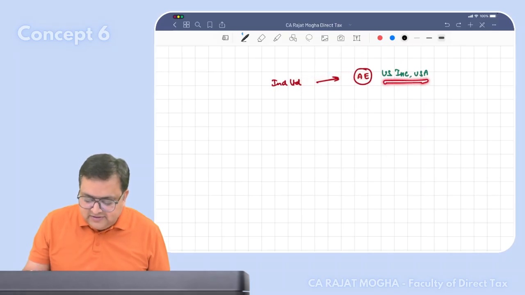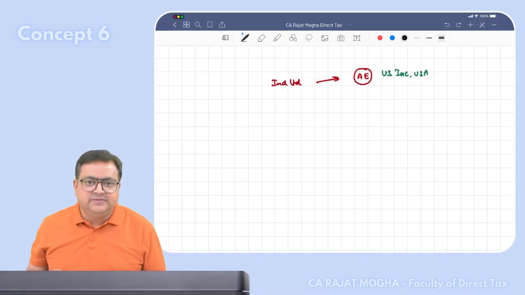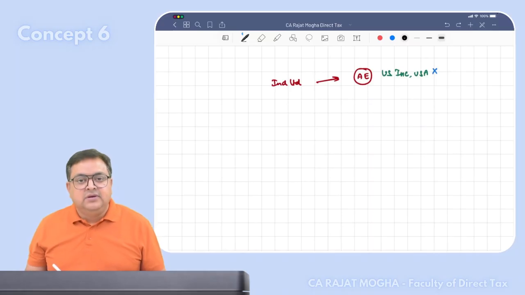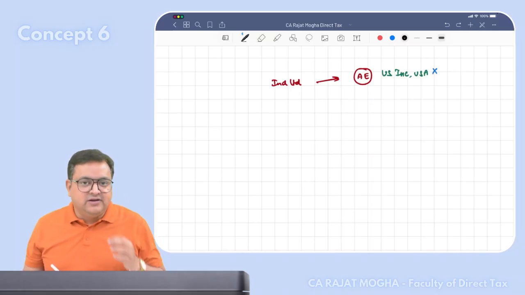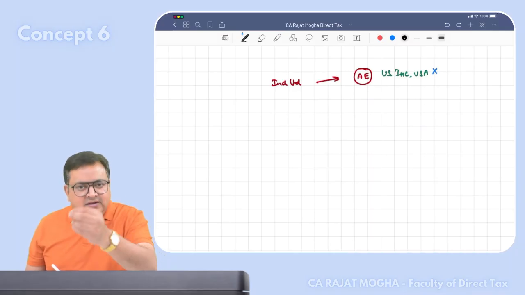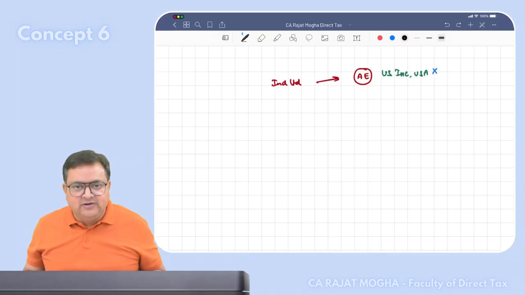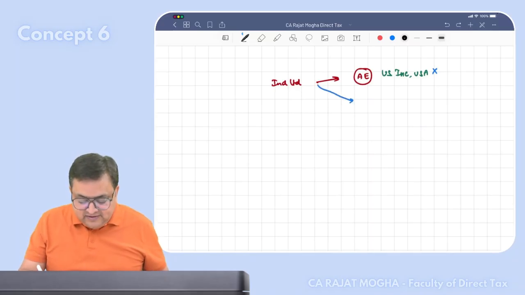So please ask them to give you the money within 90 days, right? Ask them to give you the money. If due to any reason, the money could not be brought from US, Arun Jaitley says, no, we need foreign currency. You must be having some other associated enterprises, non-resident. You must be having some non-resident also, no? Who is your associated enterprises? They might say yes. Let's say there is any other associated enterprises.